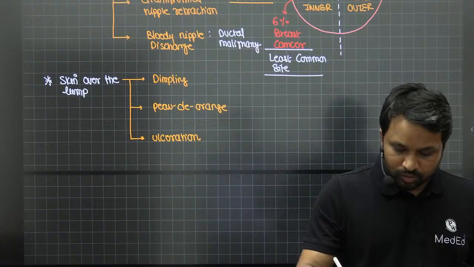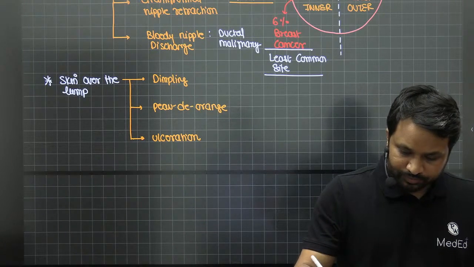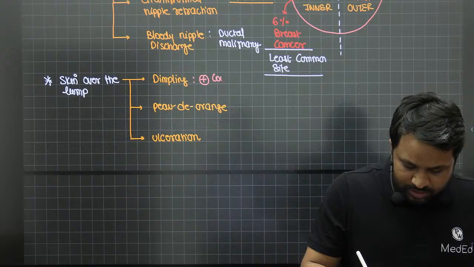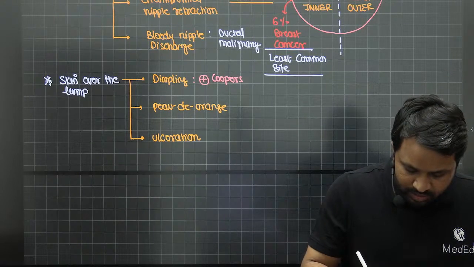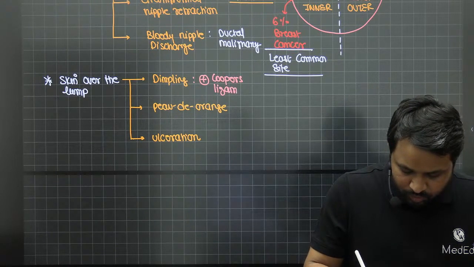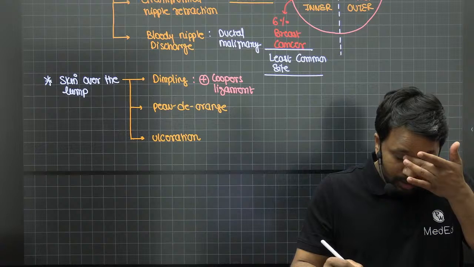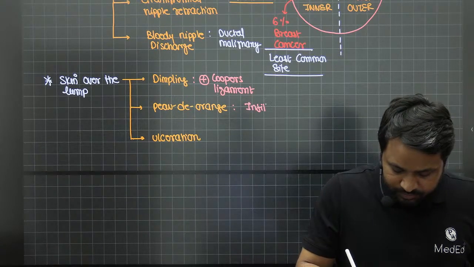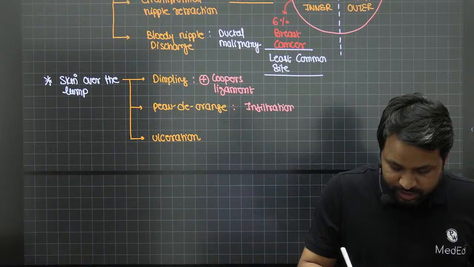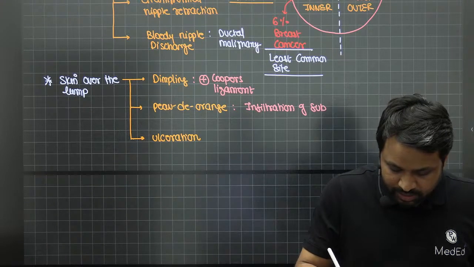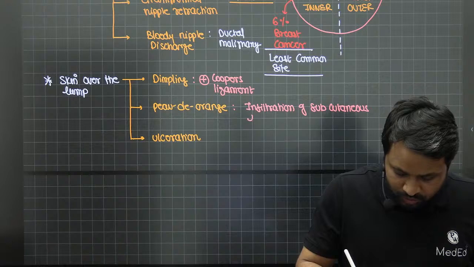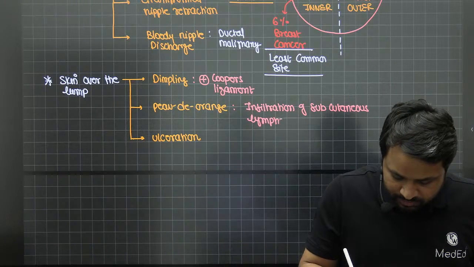Now, we all know that dimpling is basically because of involvement of Cooper's ligament. Peau d'orange is because of infiltration of subcutaneous lymphatics.